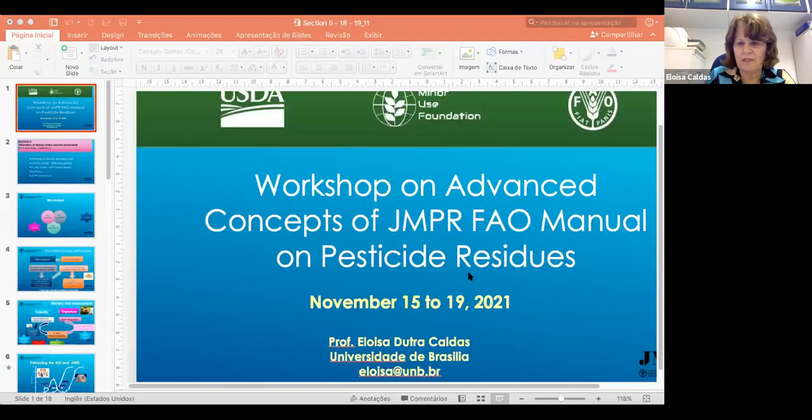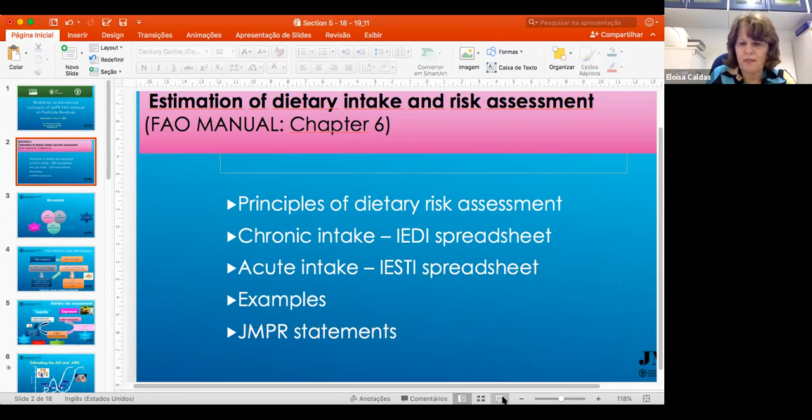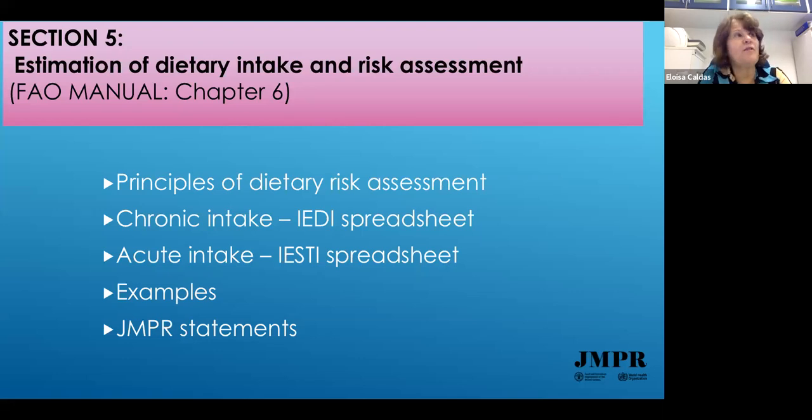And then we'll give some examples. And also, I want to show how this process can impact the MRL setting by the Codex Alimentarius Commission.